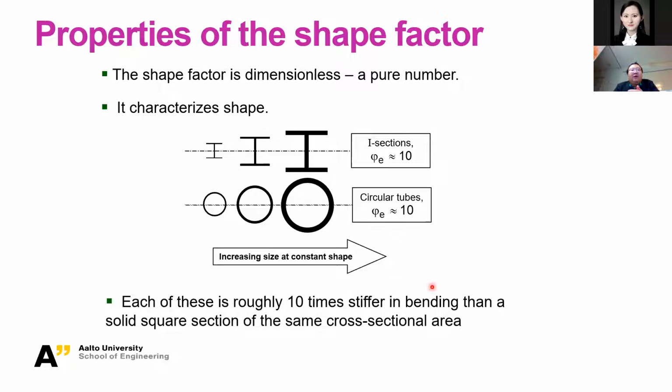Meaning what? Meaning with the same area as this small square, with a shaped I-beam or tube, you will have 10 times better bending stiffness than our simple reference cross-section.